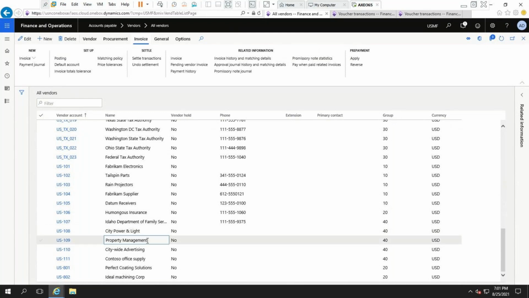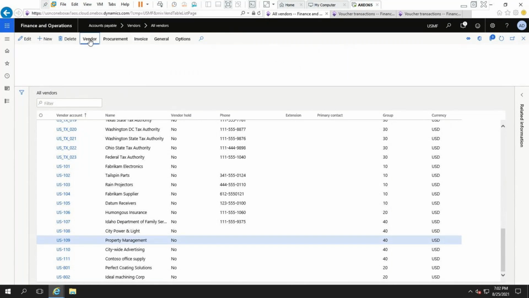If you click on transactions in the vendor tab, you can see the transactions.